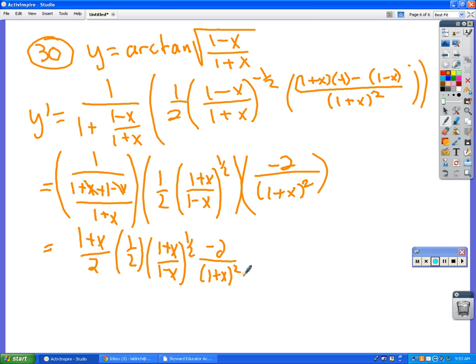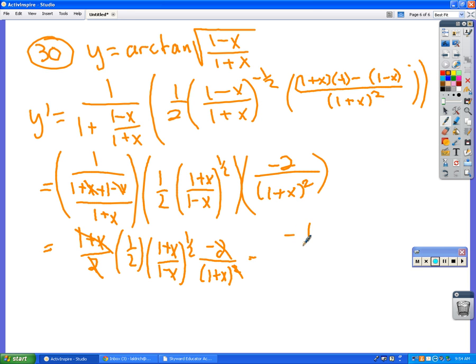Okay, then this 2 will cancel. This 1 plus x cancels with one of those 1 plus x's. This is a 1 plus x to the 1/2, and this is a 1 plus x to the full power, so they will cancel.